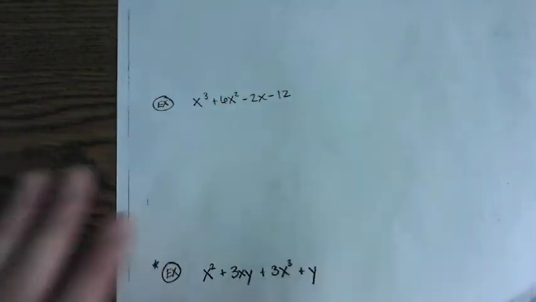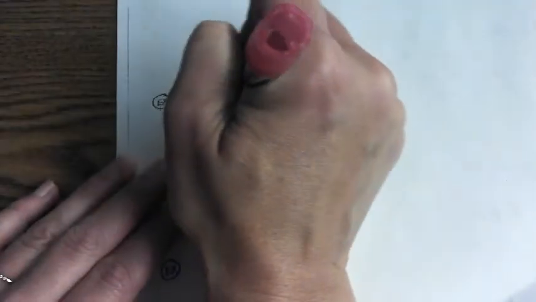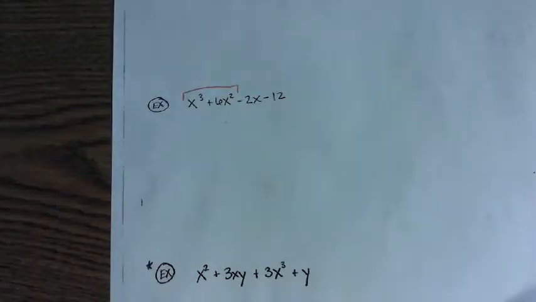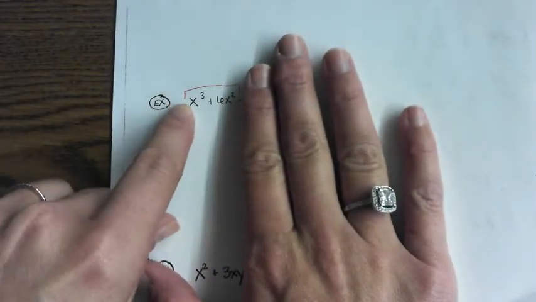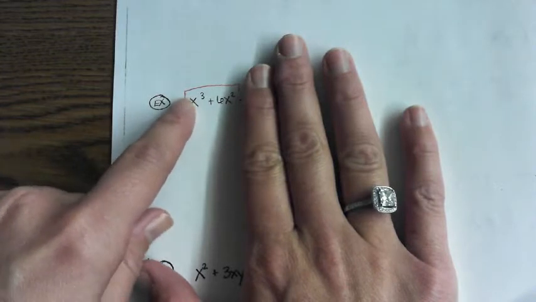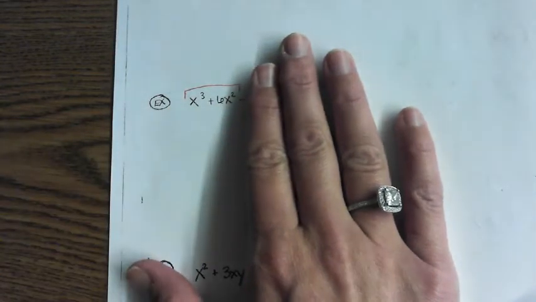Okay, look at the next one. Group the first two. Angie, what can you take out? Well, if you look at this, technically what number is out in front? A 1 and a 6. What's the GCF of 1 and 6?